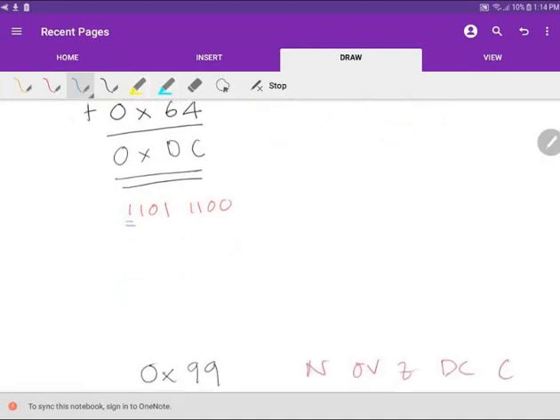On another note, we are dealing with 8-bit numbers, and 8-bit numbers fall within the range of hex 00 until hex 7F.